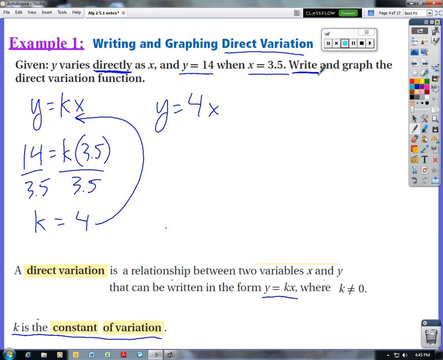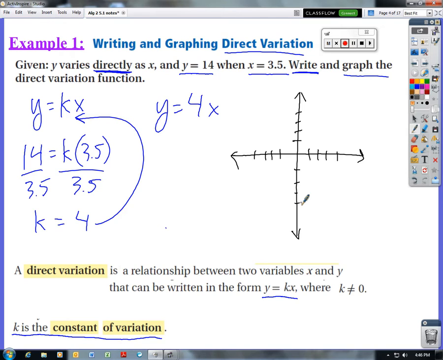Y equals 4x. Now it wants us to graph that, so let's graph our direct variation function y equals 4x. You guys know how to do that.